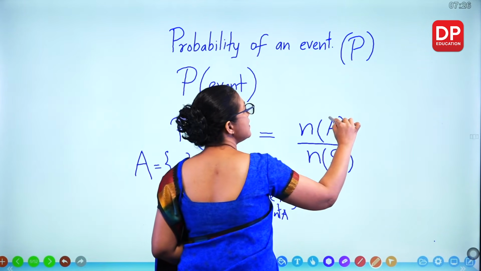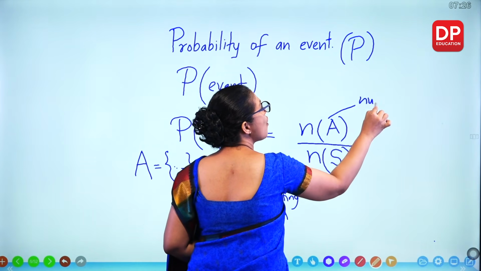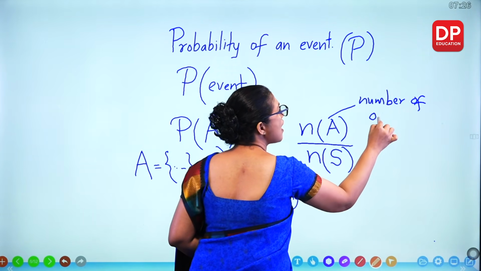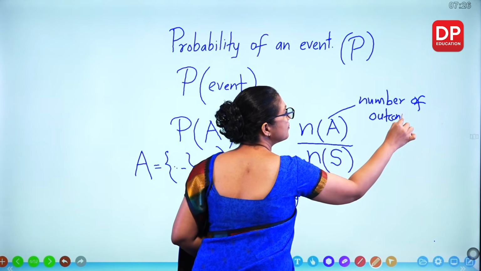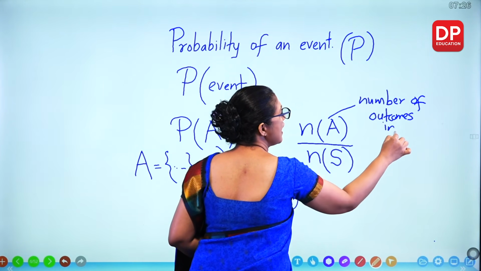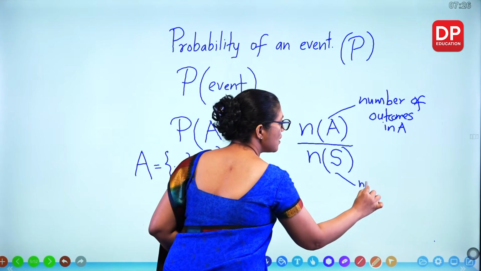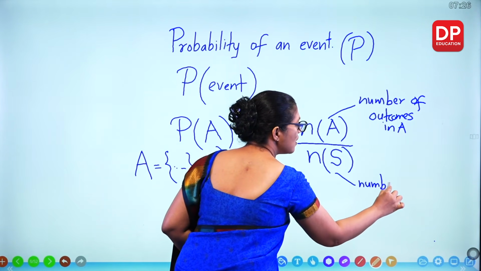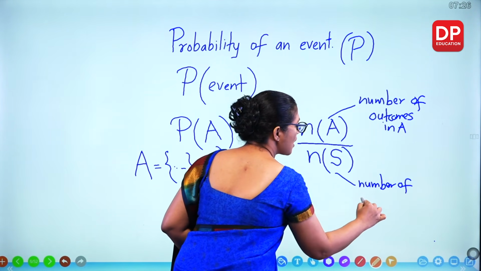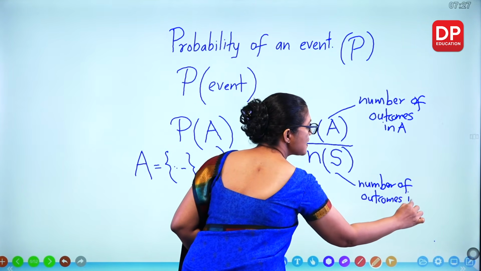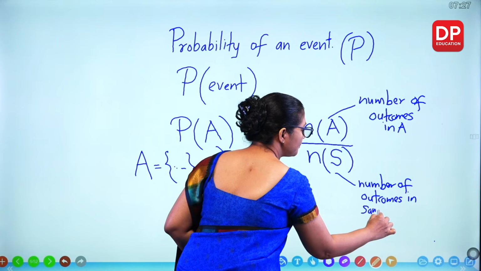So N(A) means number of elements or outcomes in A, and N(S) means number of outcomes in the sample space.